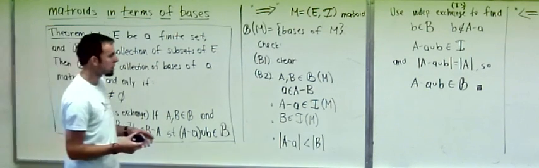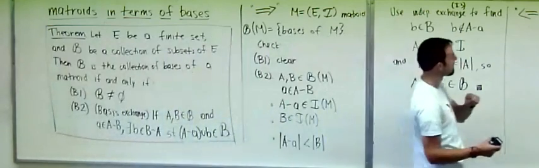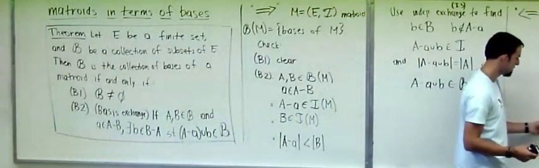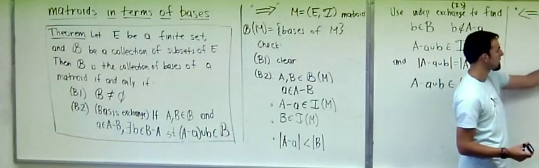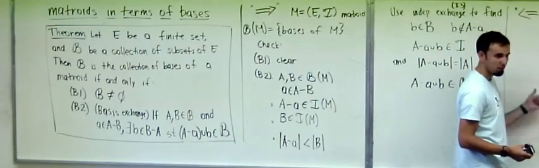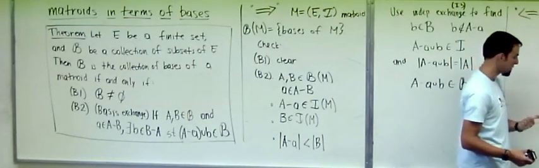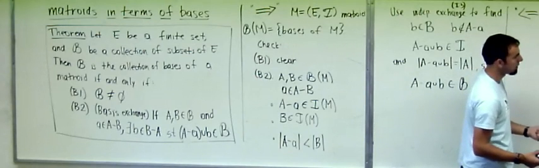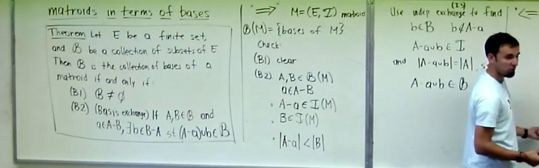Okay, so let's remember where we are. Again, I'm trying to prove that this collection I satisfies axioms I1, I2, and I3. I saw that these two are trivial, and I was in the middle of proving I3. And to prove I3, I said I'm going to need to do two things.